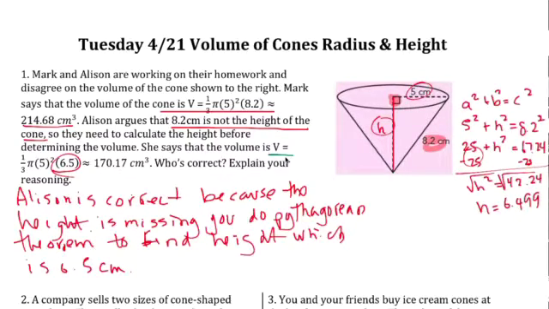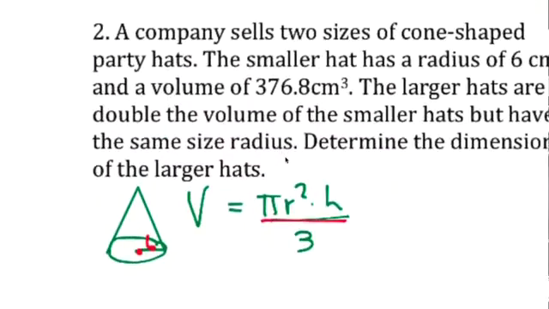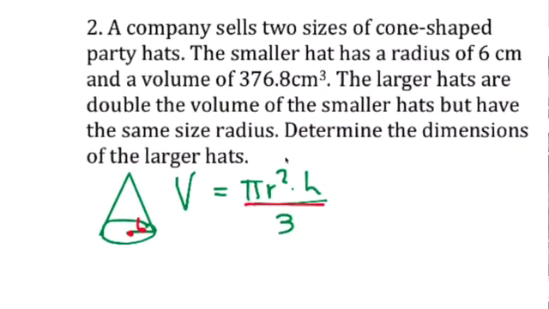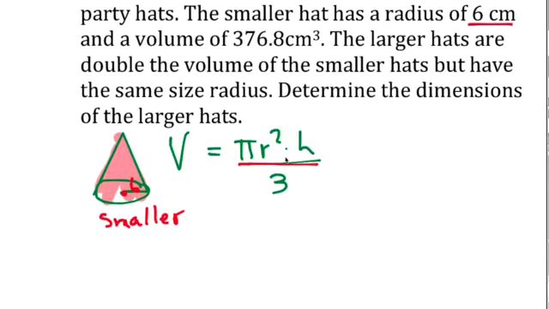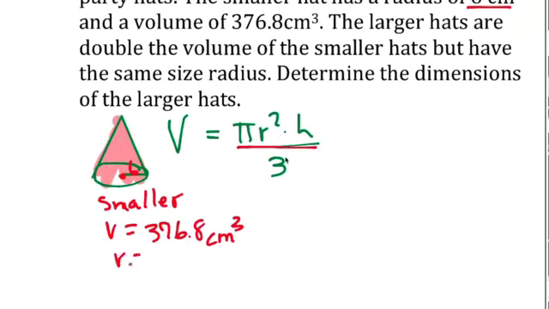Okay. The company sells 2 sizes of cone-shaped party hats. The smaller hat has a radius of 6 centimeters. So here's the smaller hat, 6 centimeters, with a volume of 376 centimeters cubed, and the radius is 6.